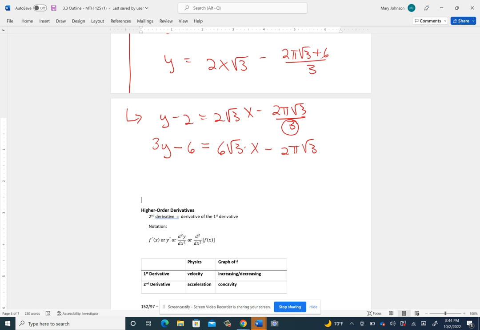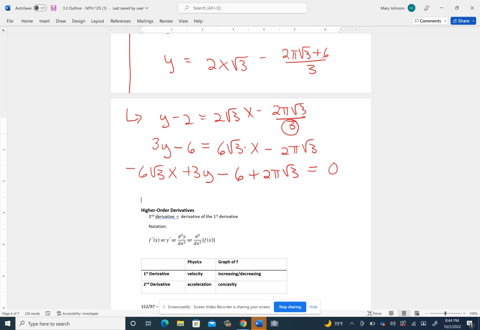Then what I could do is bring everything over to the left-hand side. So I'm going to bring the x over, keep the y where it is, keep the minus 6 where it is, and bring the 2 pi square root of 3 over and get all of that equal to 0.